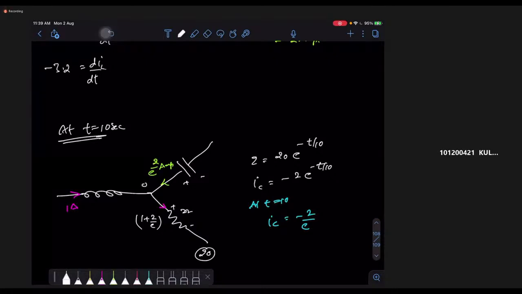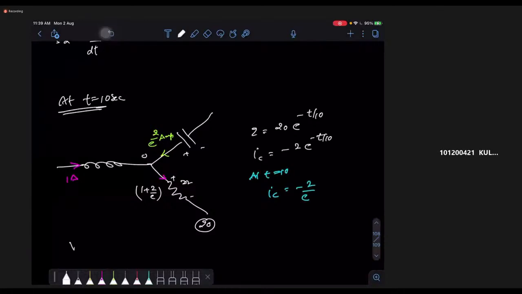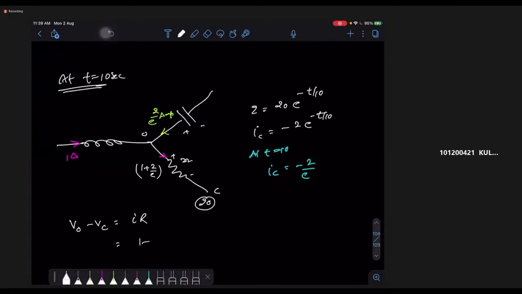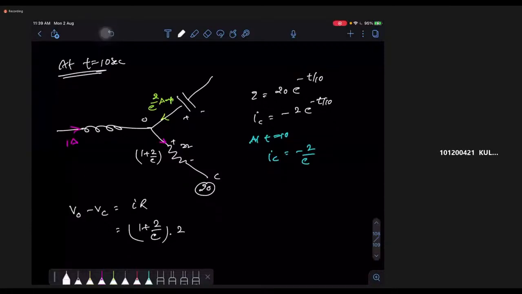So what is the potential of O? Potential of O minus potential of C is equal to IR. Current is 1 plus 2 by E, resistance here is 2, and potential of C is 20.